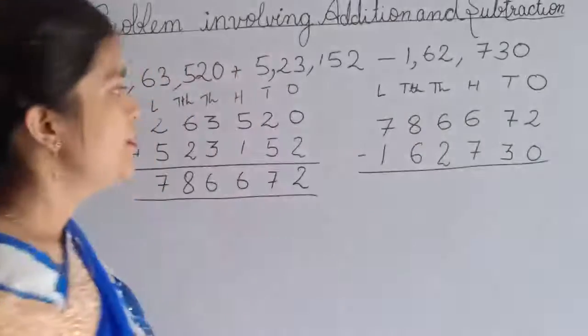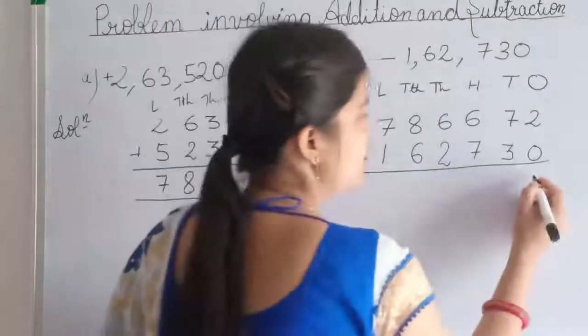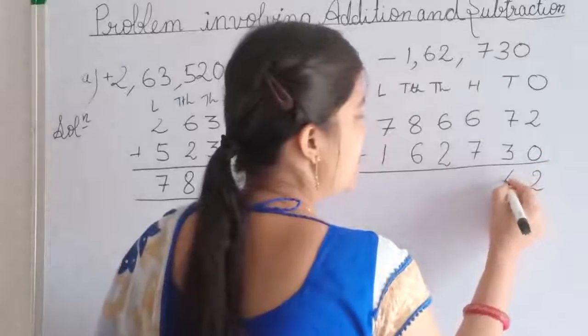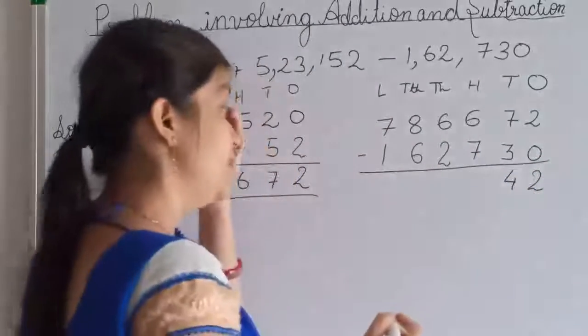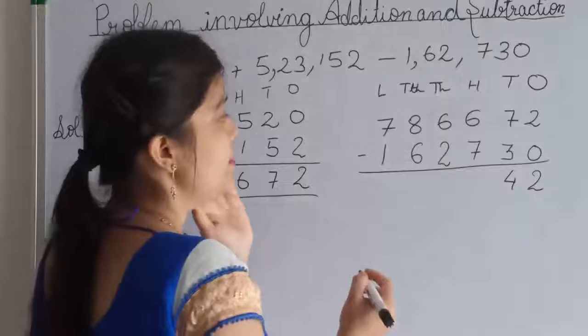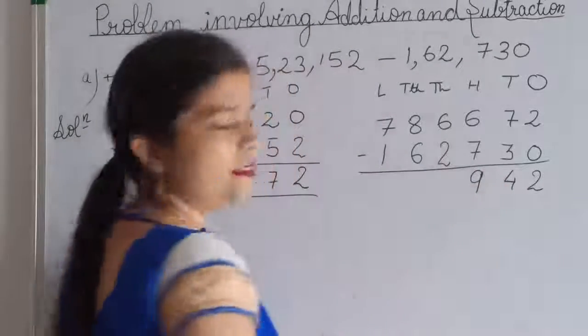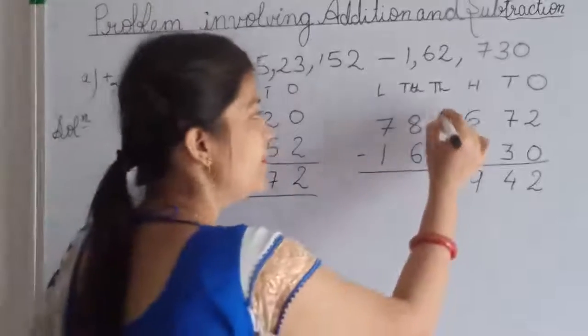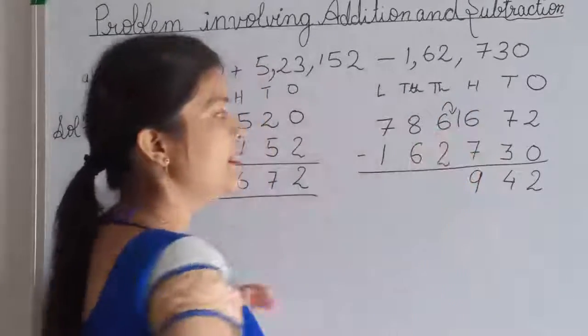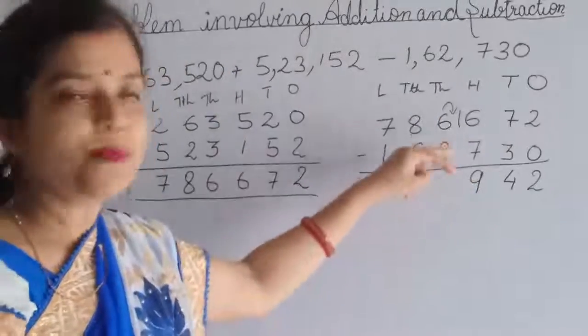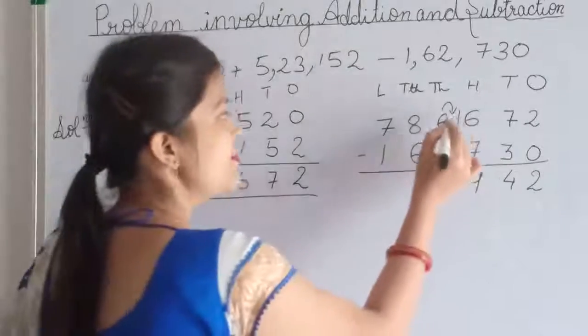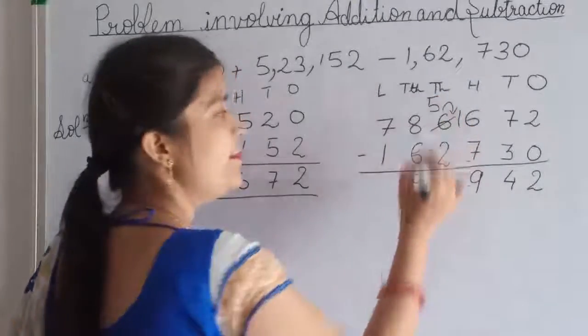Okay. 2 minus 0, 2. 7 minus 3, 4. 16 minus 7, it will be 9. You understand now, here I have borrowed 1 from here, it becomes 16, then 16 minus 7, because 6 is smaller than 7, and this 6 will become 5, okay?